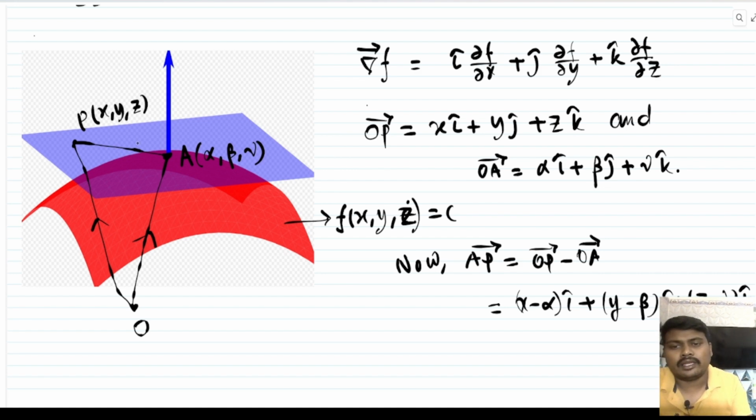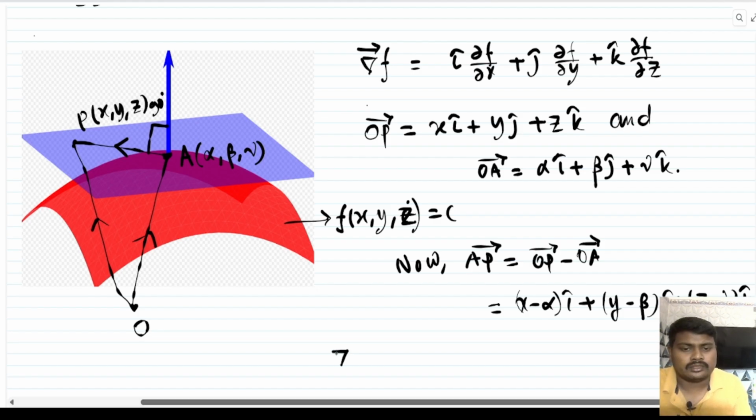Since the angle between the vector AP and the normal vector is 90 degrees, the dot product between these two vectors is 0, that is, del f dot AP will be equal to 0.